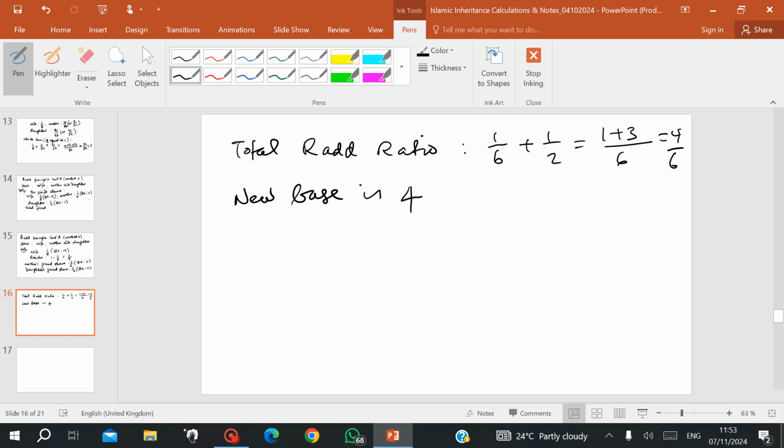Instead of dividing what we are going to share to the two of them into 6, it is 4 this time around because the total portions they have is 4. So instead of dividing the balance into 6 places, you divide into 4. The mother will be having 1 and the daughter 3 portions. So this is of the balance after giving the spouse's own share. So we now have that this is the new base.